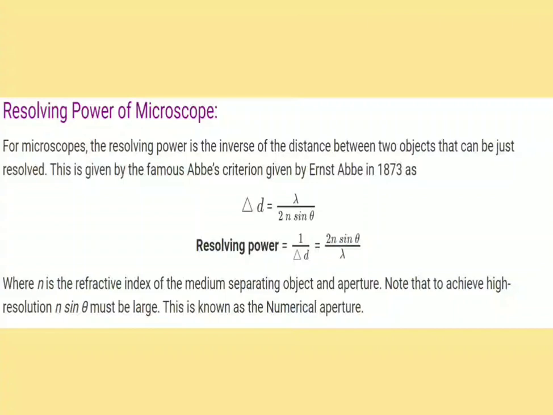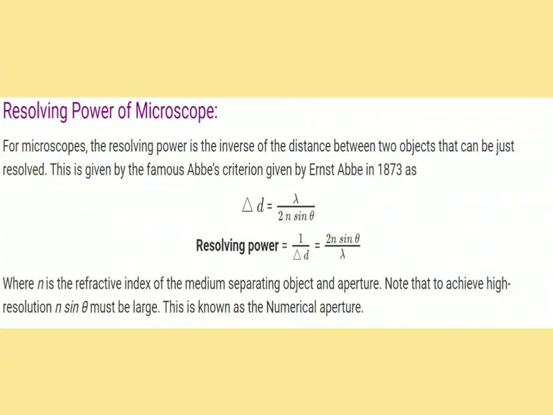Here n represents the refractive index of the medium separating object and aperture. Note that for high resolution n sin theta must be large. This is known as numerical aperture.